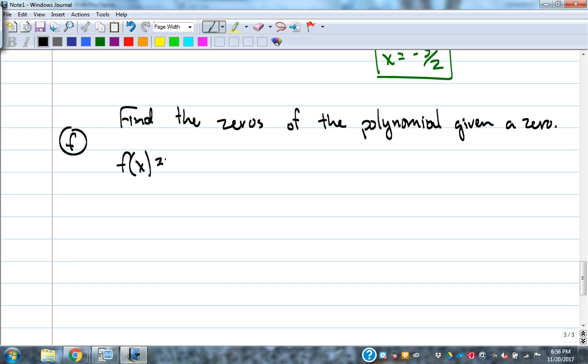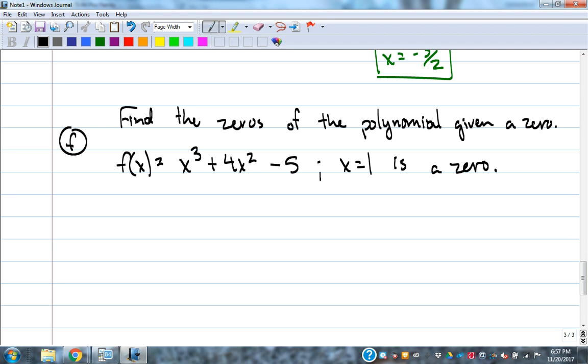Here's our function, x cubed plus 4x squared minus 5, x equals 1 is a 0. So they're telling us one of the zeros. We should have 3 zeros at the end, including the one they gave us. Because the highest exponent in the problem is 3, that should match up.